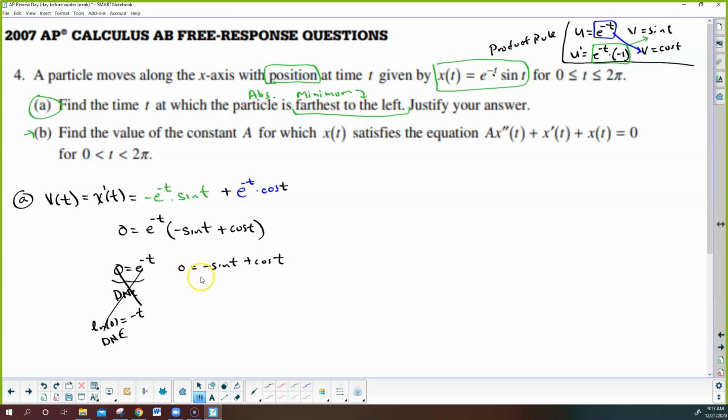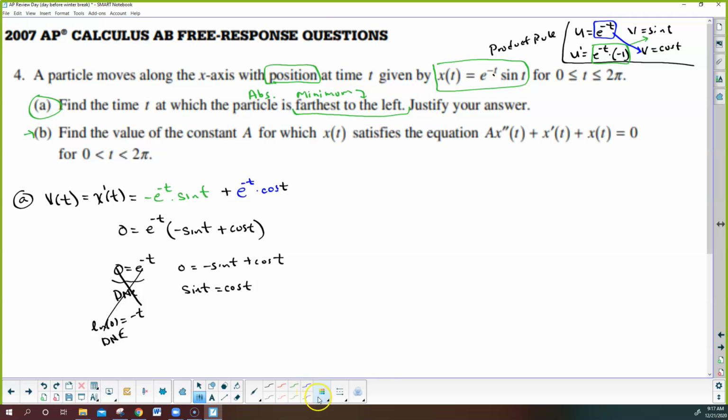And then we've got this part right here. Now there's multiple ways that you can solve this. If I bring the sine over, my brain says divide by cosine, so I get sine over cosine equals 1, and that's a tangent.